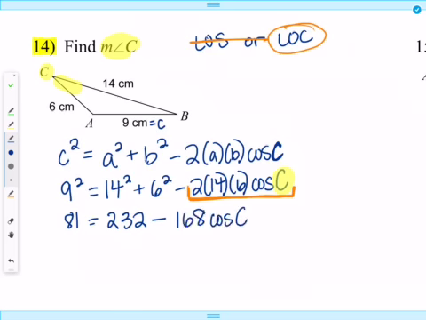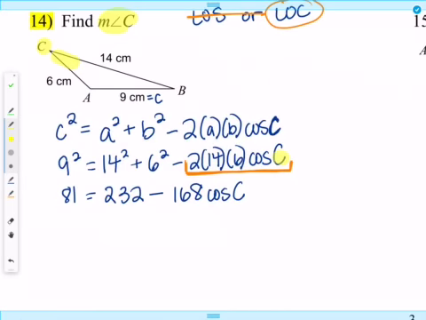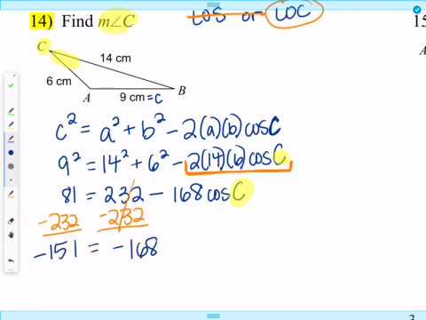It's still got that cosine of C attached to it. So if we're trying to solve for this variable C, the next thing I want to do is subtract the 232 over to the left side. So we've got 81 minus 232. That would be negative 151 equals negative 168 cosine of C. Also make sure you don't forget that negative that was in front of the 168.